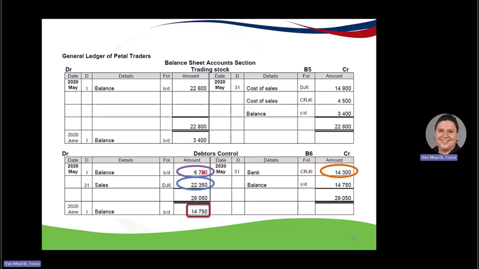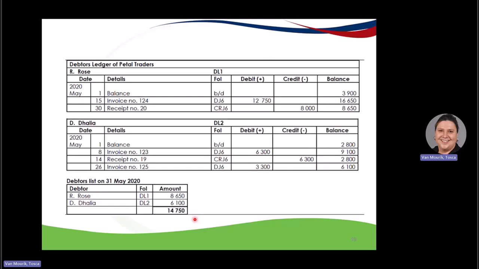Now, if we want to make sure that our individual debtors ledger is also balancing, we have to make sure that the list of my debtors ledger also adds up to 14,750. So let's go to the debtors ledger. We have an opening balance for Rose of 3.9.